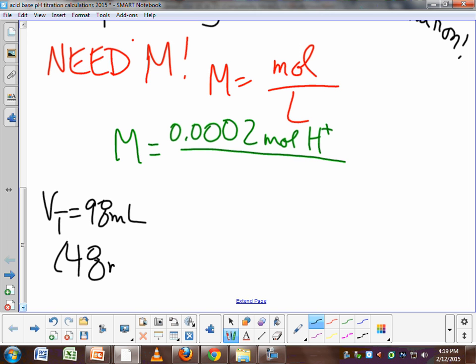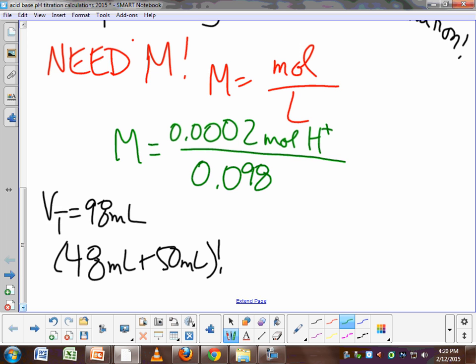Additive volumes. Super important in titration questions. Absolutely crucial in titration questions. When we're finding concentration, we're going to do the moles divided by 0.098 liters. Just doing the conversion right there. That's how we're getting our concentration of our H+.